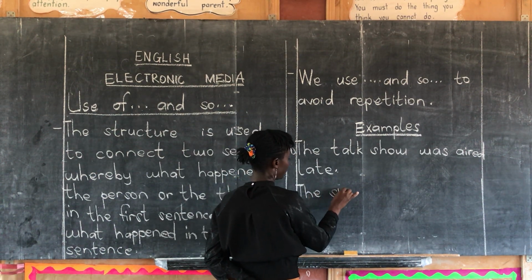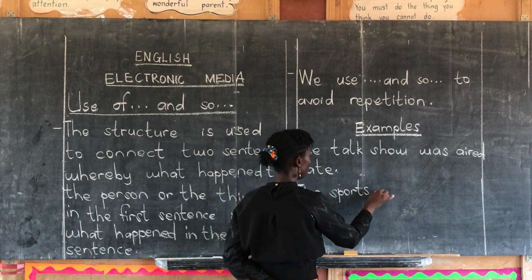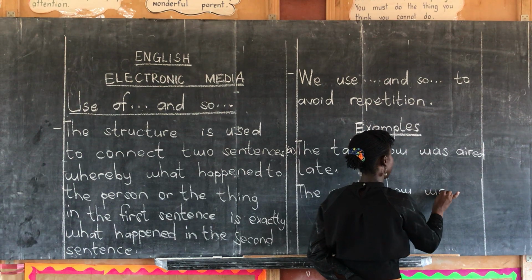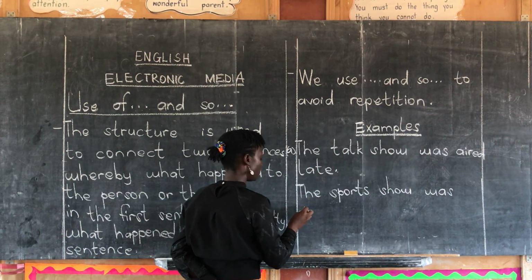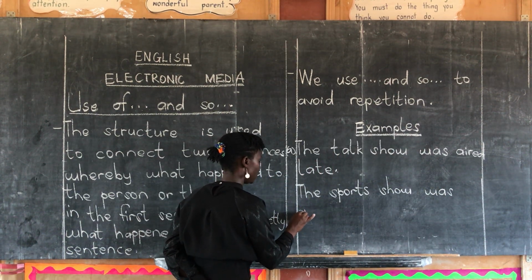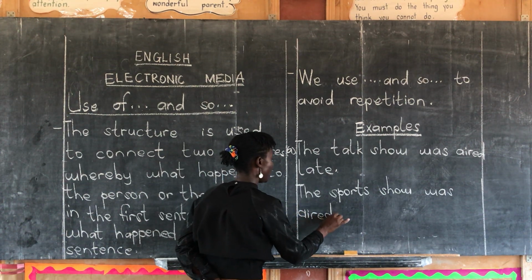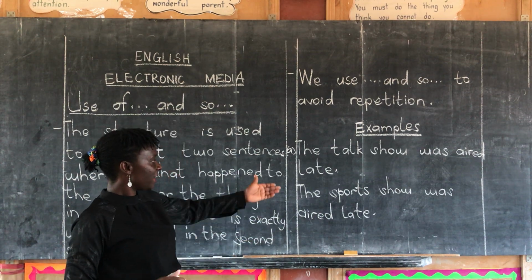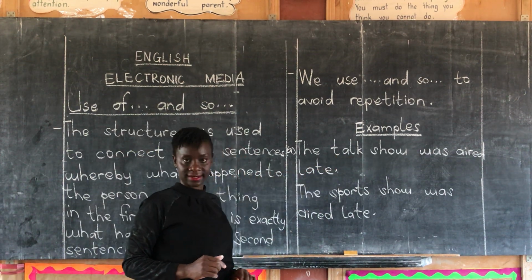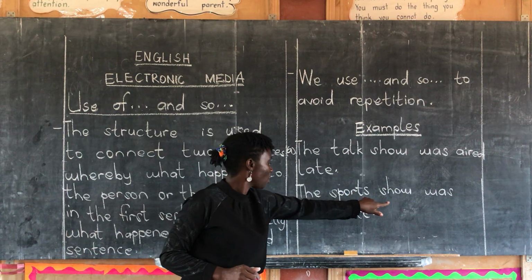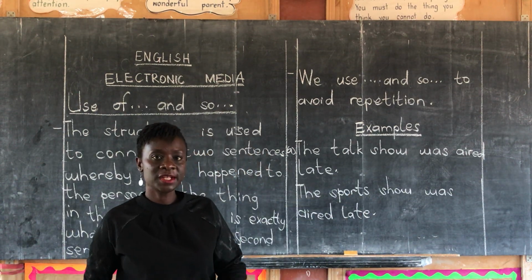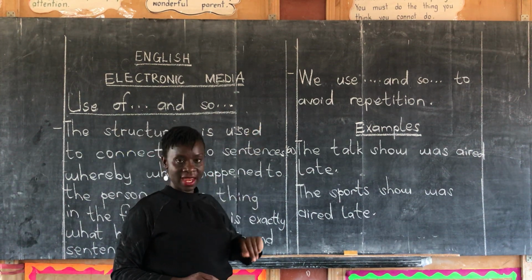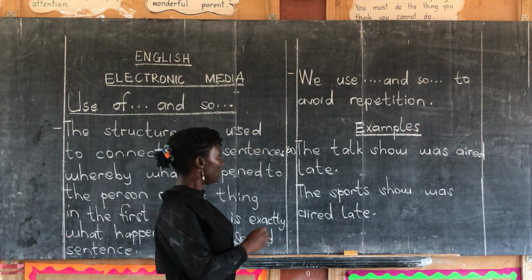The sports show was aired late. So we have two sentences here. The talk show was aired late. The sports show was aired late. We want to connect the two sentences using "and so".